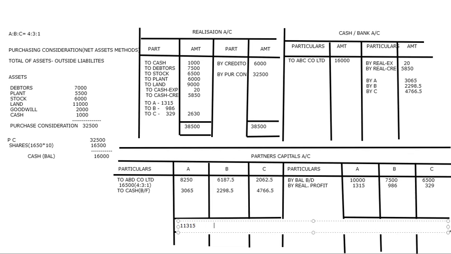Second one is 8,486. Third one is 6,829. So these are the totals. So 11,315, 8,486, and the last one is 6,829. Now this is done.